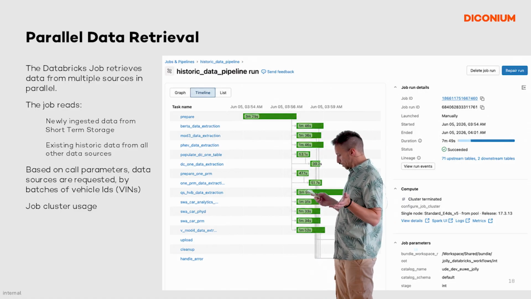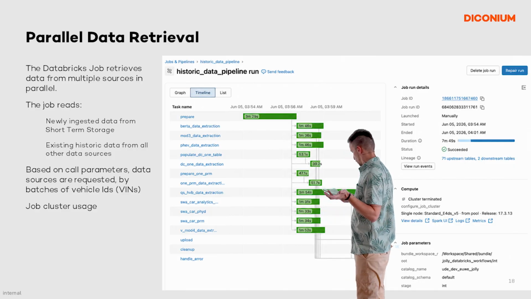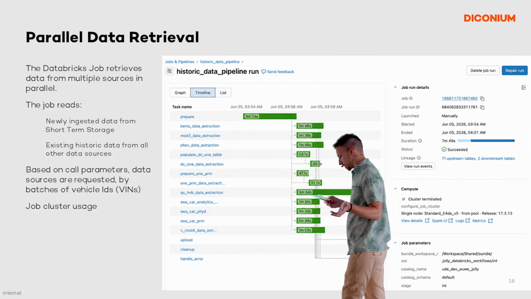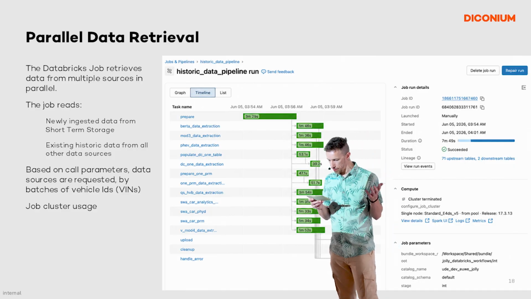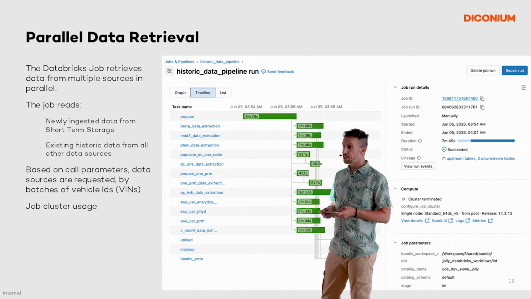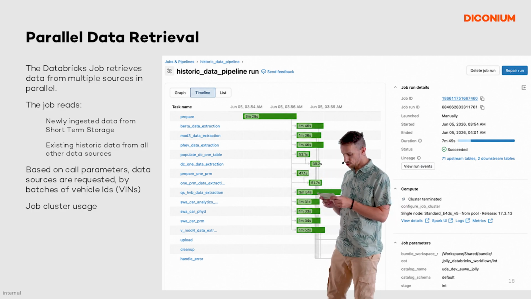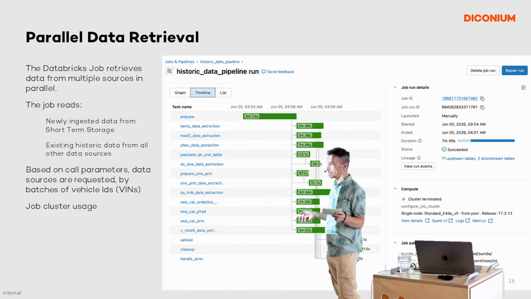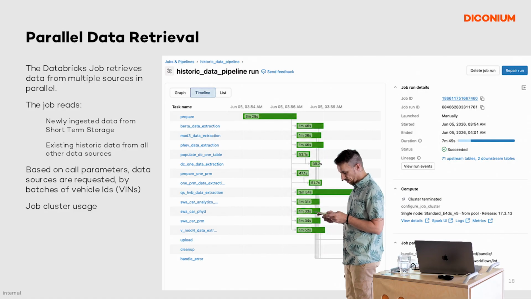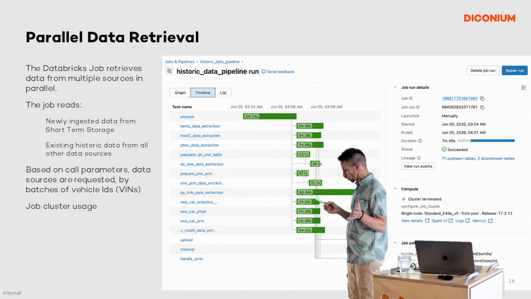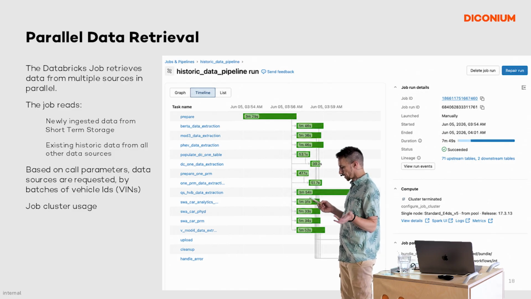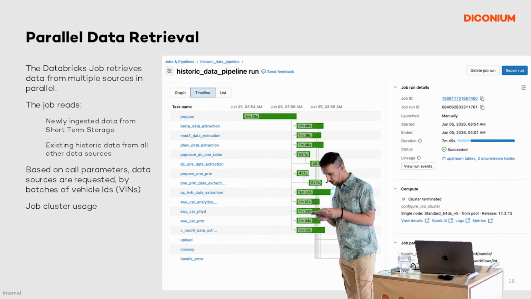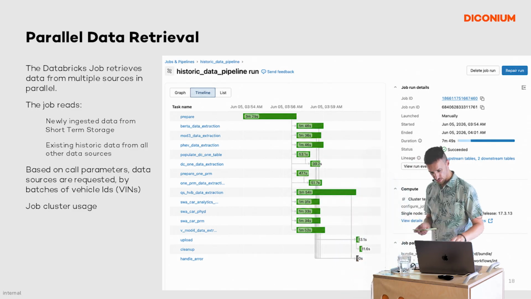The job reads newly ingested data from the short-term storage, existing data from all other data sources, and based on the core parameter, the data sources are requested by batches of VINs, which is the vehicle ID of the cars. A job cluster is used, where a dedicated cluster from a cluster pool is started per job.